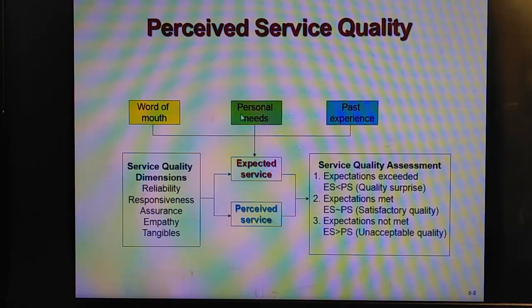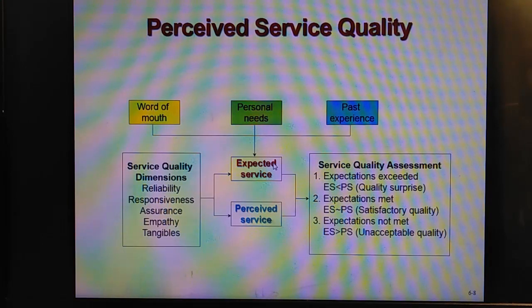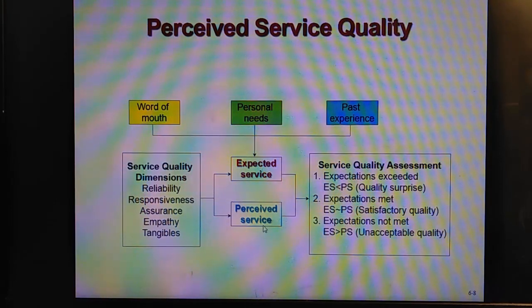Secondly, you may experience good service yourself, which meets your personal needs. Or good perceived service quality can be judged from past experience, either yours or your friends'. And perceived service quality can also be judged from the customer's expected service.